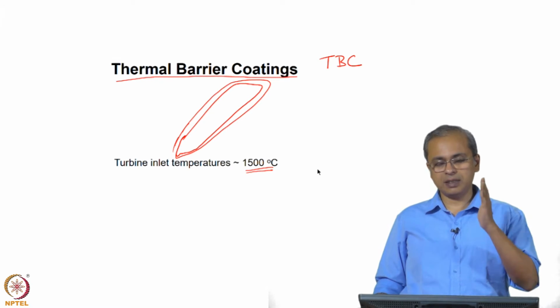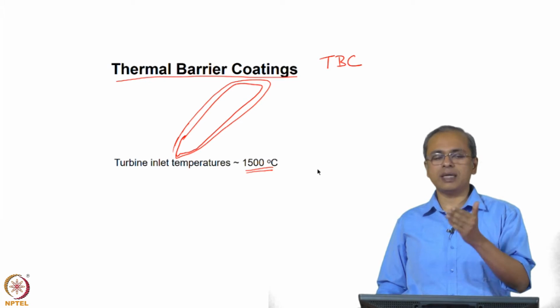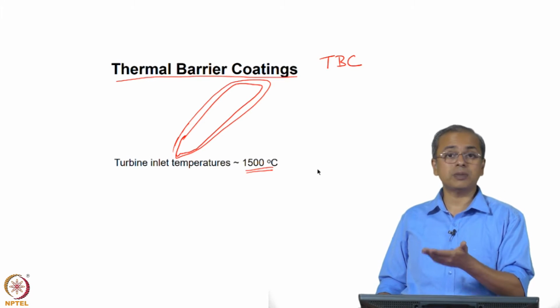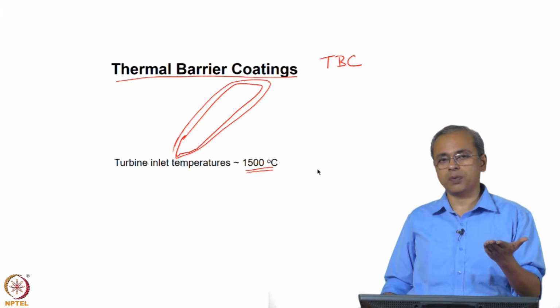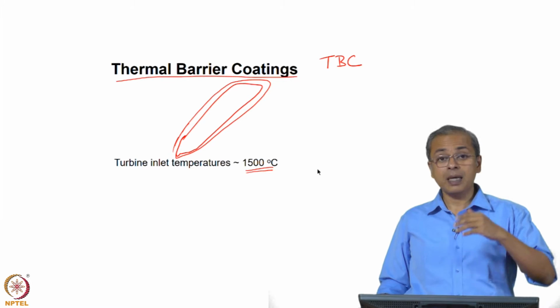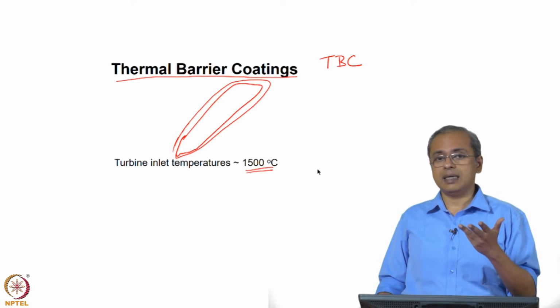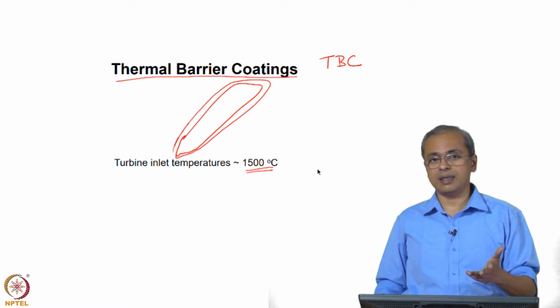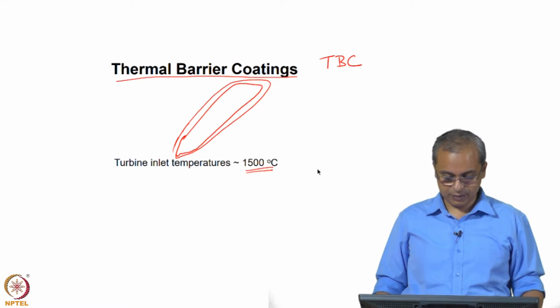The maximum temperature is handled by it, and a distinctly lower temperature is experienced by the main structure of the blade, and in this process it helps protect the blades. So, a lot of the electricity that we get which uses turbines often has this coating of zirconia on the turbine blade.